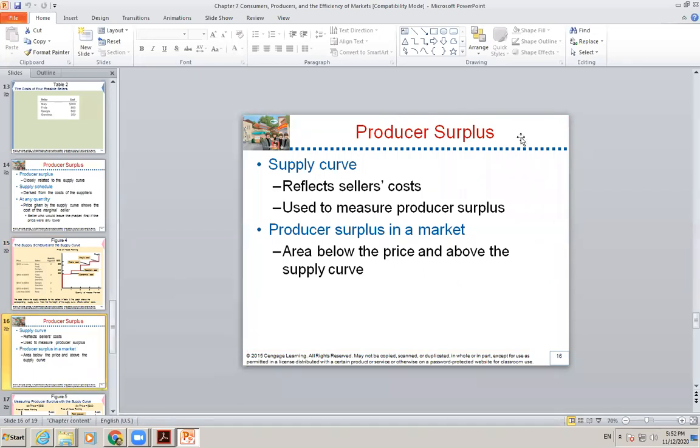So the supply curve reflects the sellers' costs used to measure the producer surplus. Producer surplus in the market is the area shown below the price and above the supply curve, which is illustrated graphically in the next slide.